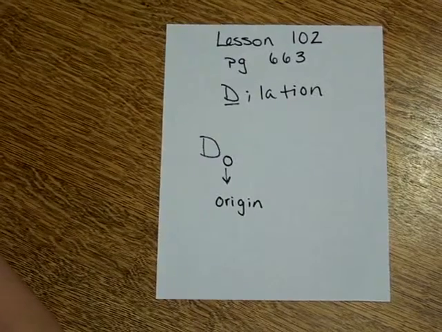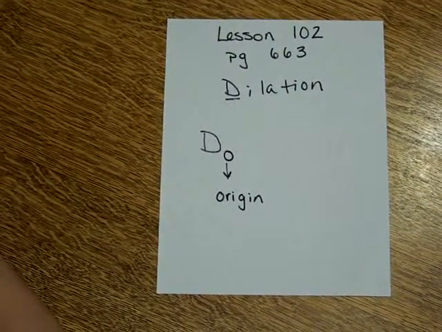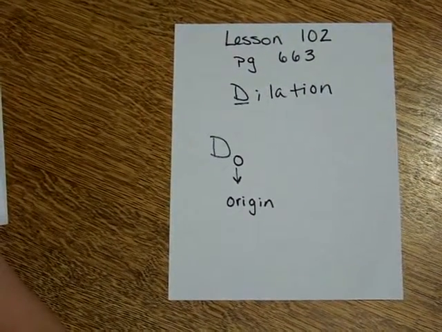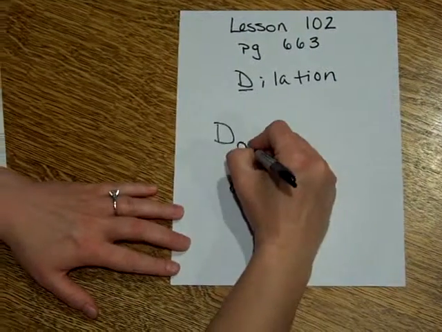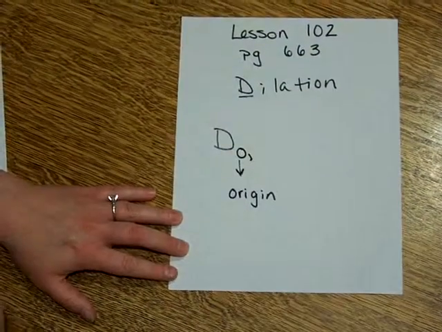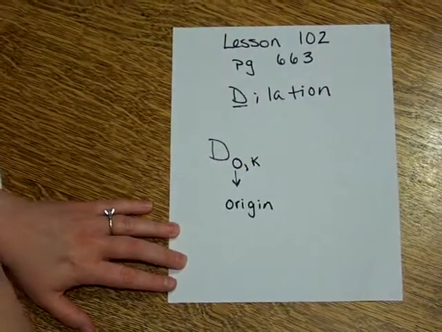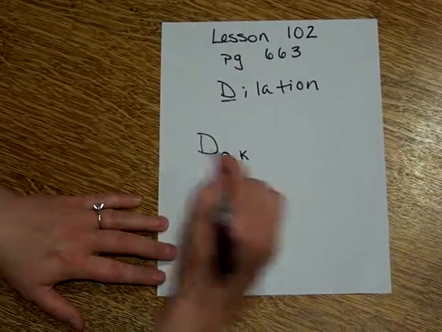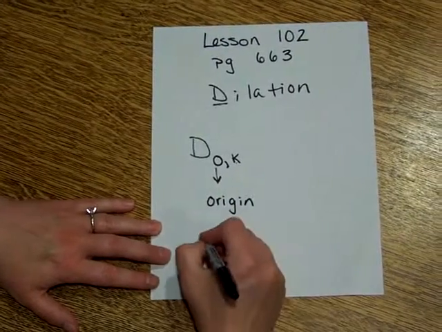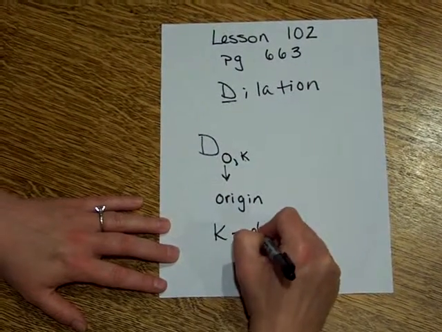They're going to be originating from the dilation place of our origin. The next thing, there'll be a comma after the O for origin, and this is going to be represented here by K. It's actually going to be a number, but this K here represents our dilation factor.